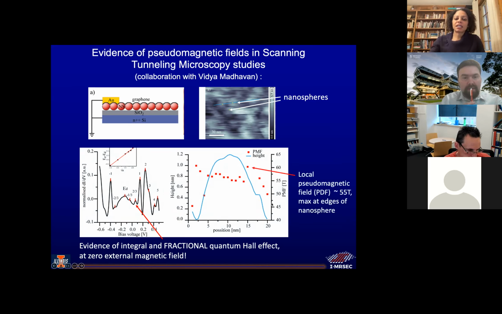And if you extract the local pseudofield, again from 0 field measurements, you can see that it's around 55 Tesla, with the maximum at the edges of the nanospheres. This is preliminary data, we're retaking this, but to us, it was really nice evidence that we see what we expect and more.